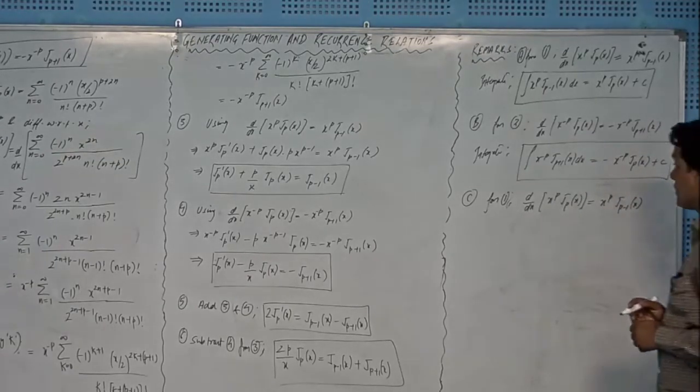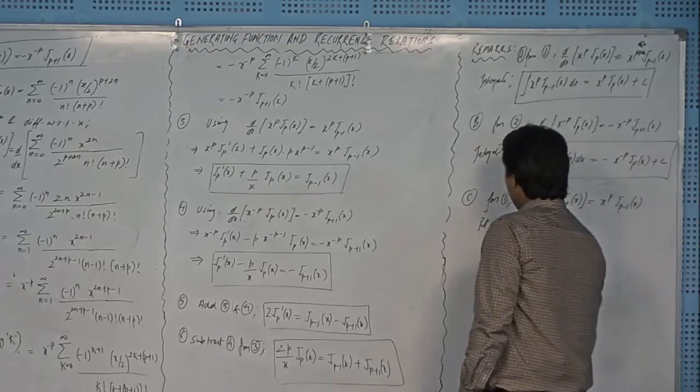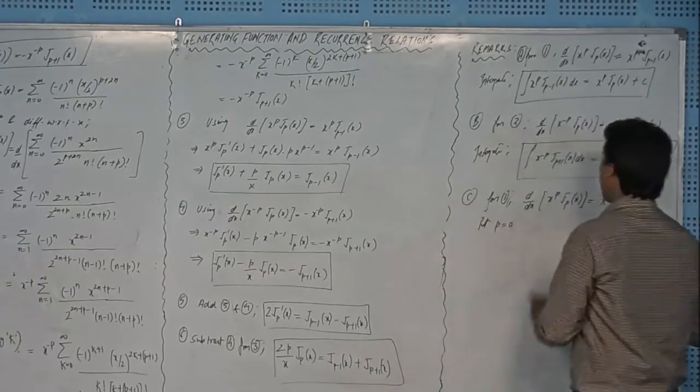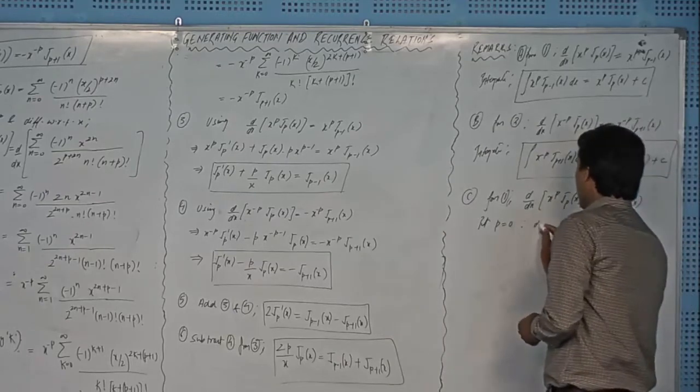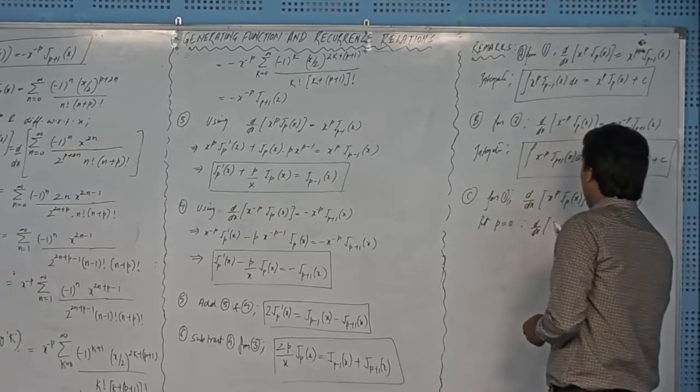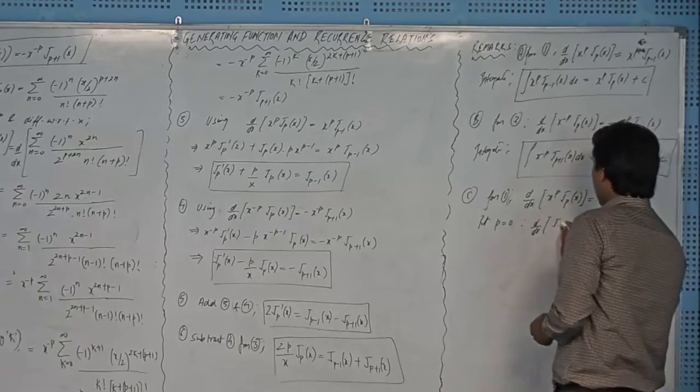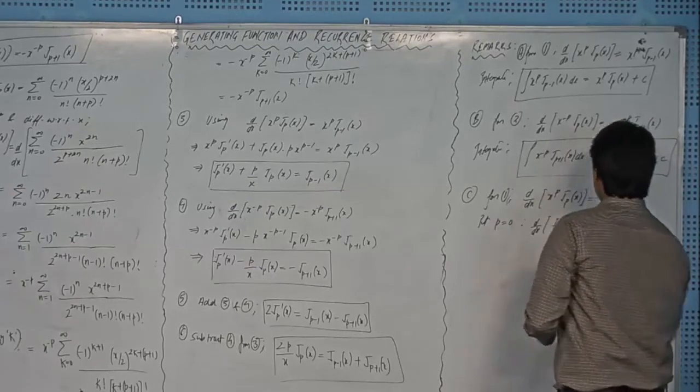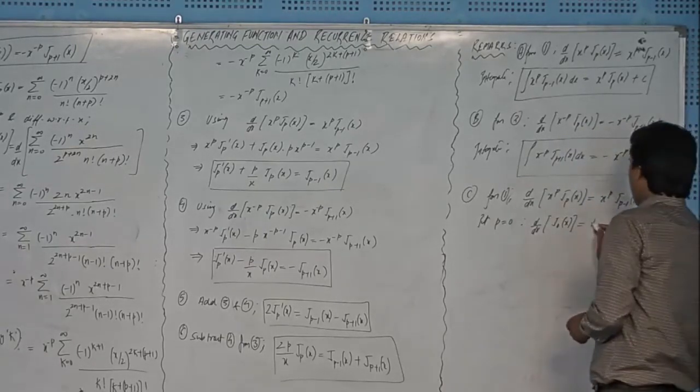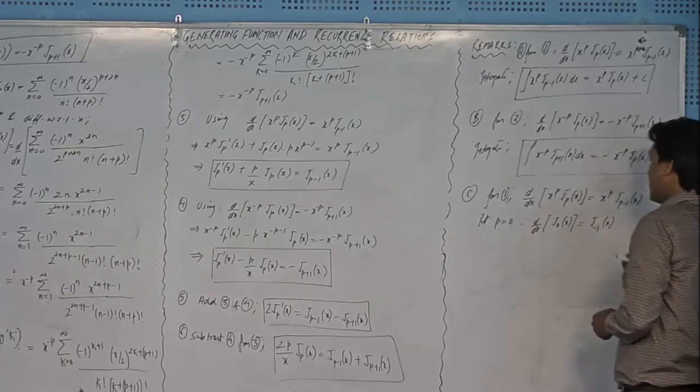If you put p equal to 0, d by dx of x to the power 0, which is 1, times J_0(x) equals x to the power 0, which is 1, times J_{-1}(x), right?